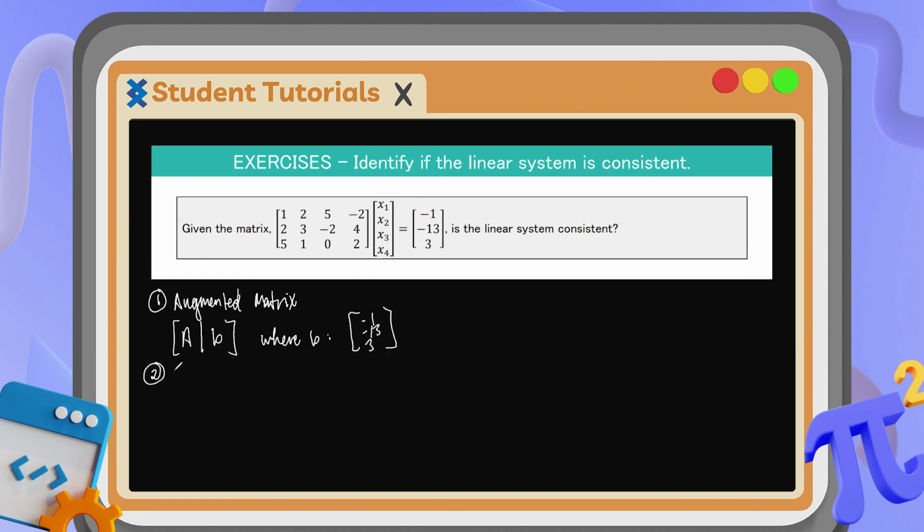The second step is to take the RREF of both A and the RREF as well of the augmented matrix.